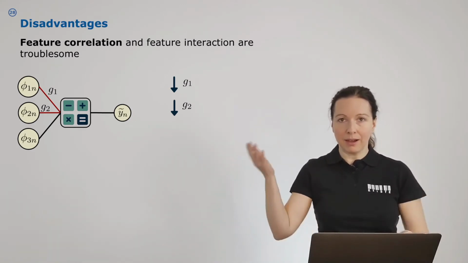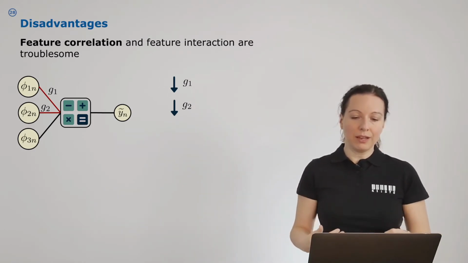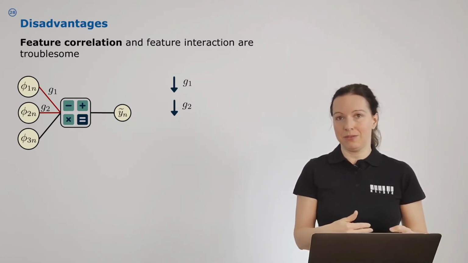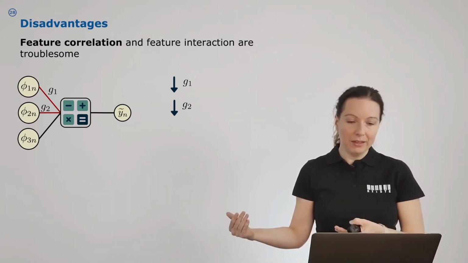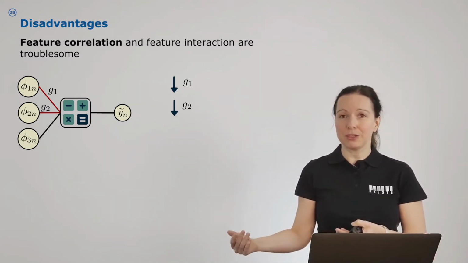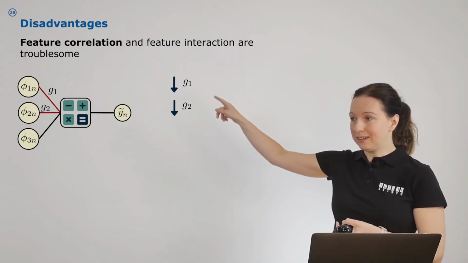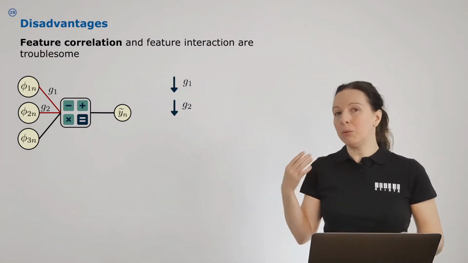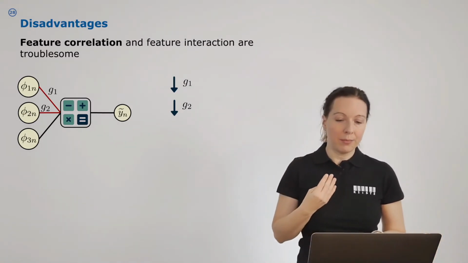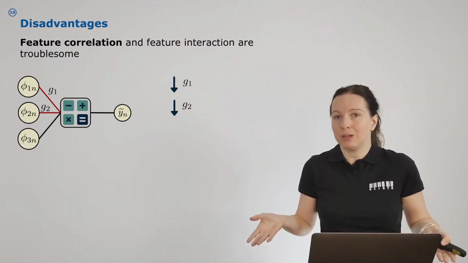So they are connected, they are correlated. When two features are correlated and one of the features is permuted, the model will still have access to the other one through its correlated feature. The result is illustrated here: there will be a lower importance value for both features because the model error might not increase.